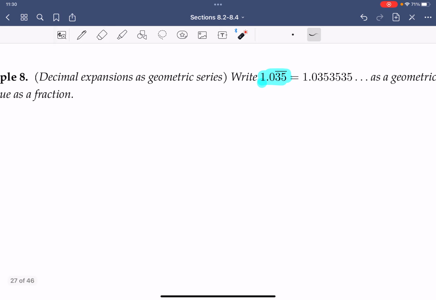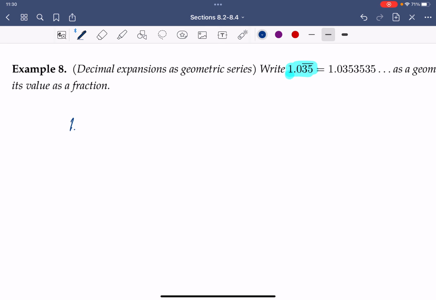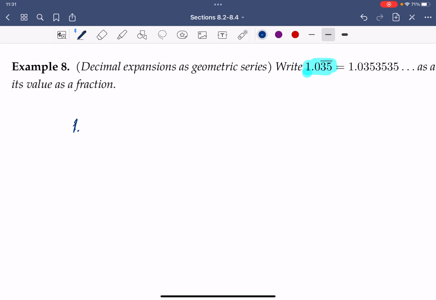So the technique is, let's look at this one, which is interesting. 1.035, repeat 3 and 5. This means 1.035, 35, 35, 35, and so on.